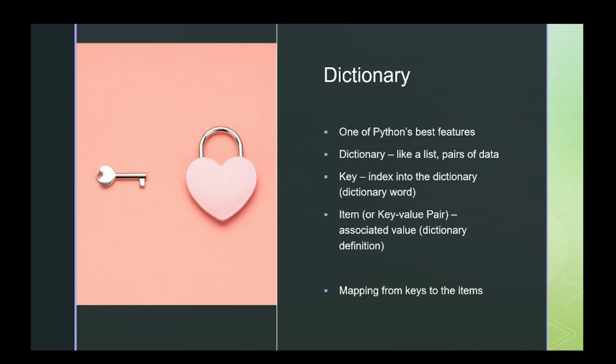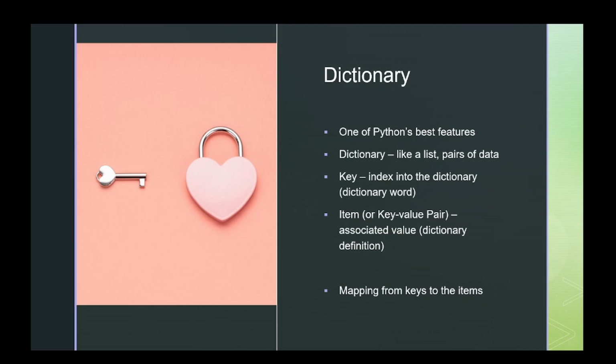A dictionary is considered one of Python's best features, and it is like a list, except in the fact that it is pairs of data. One of the items is a key, or the index into the dictionary. If you think of a dictionary, it would be the dictionary word.